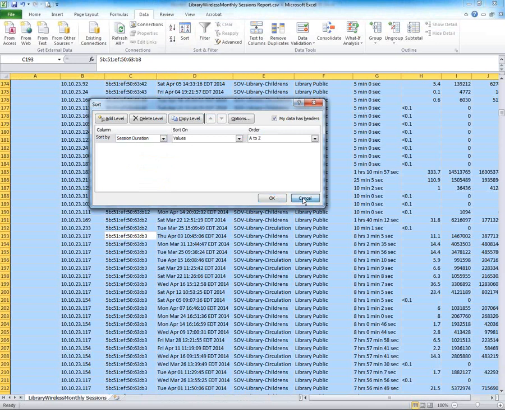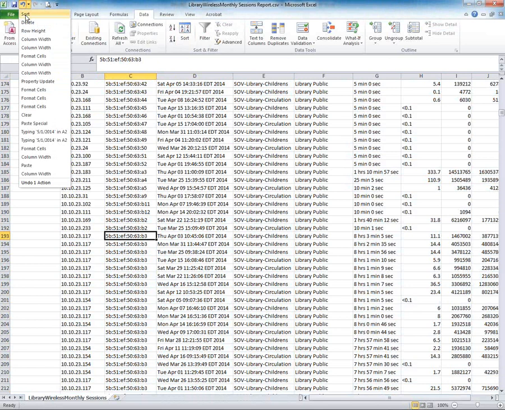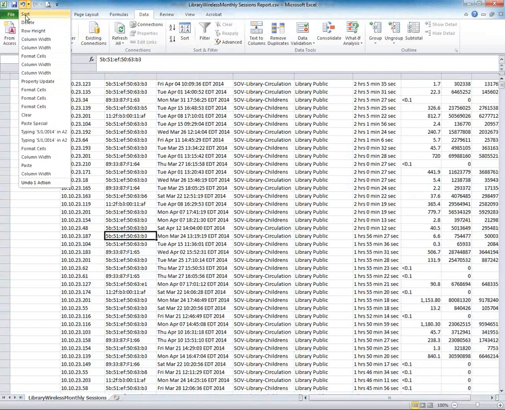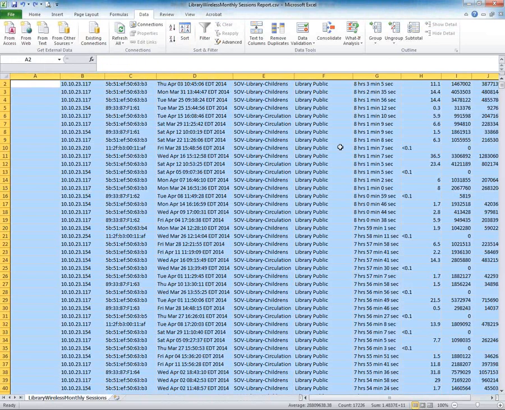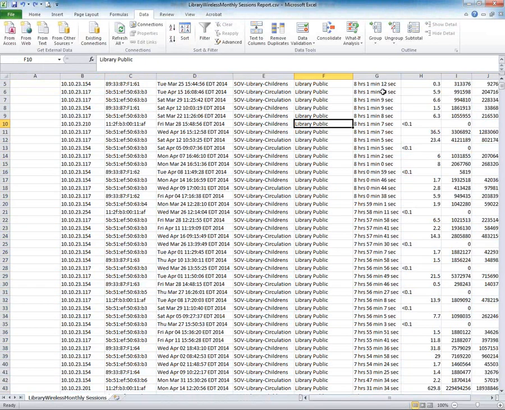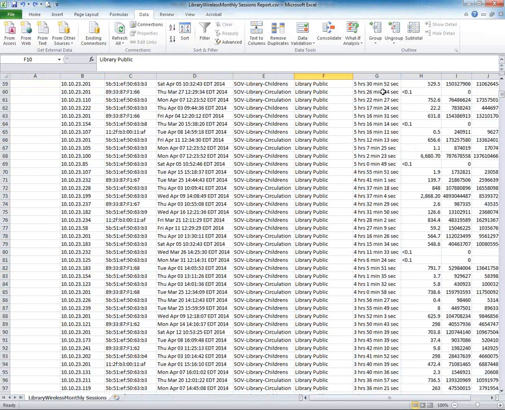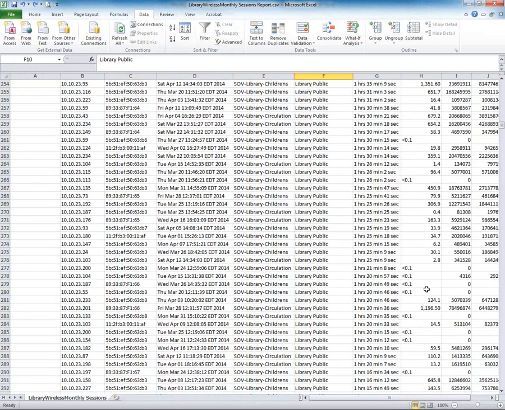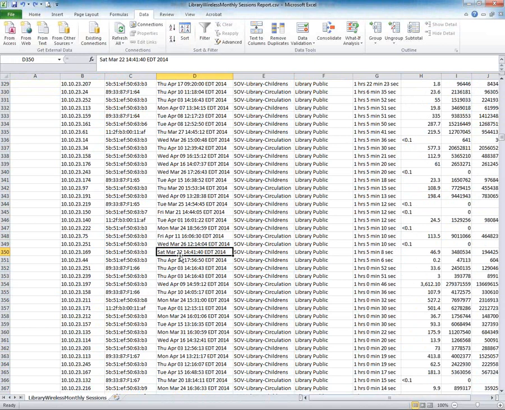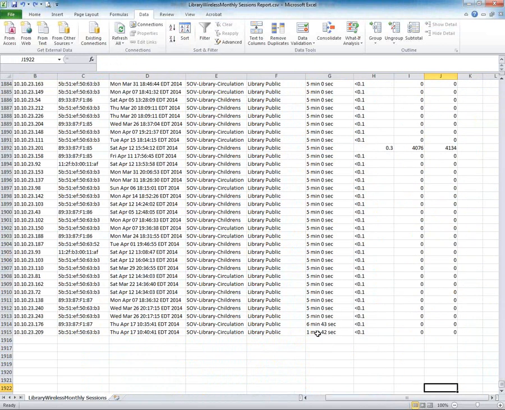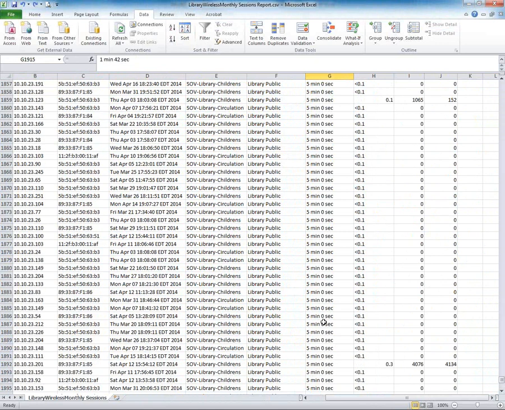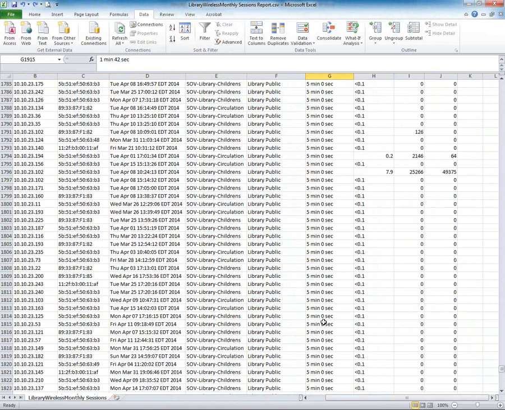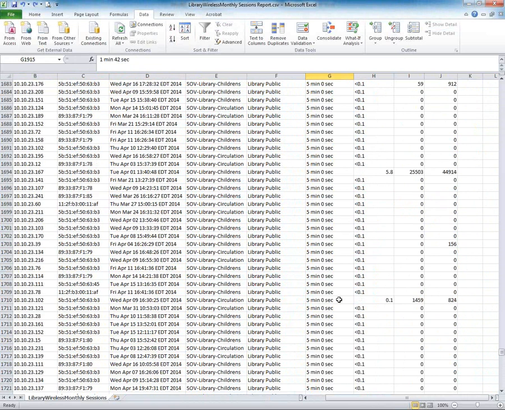Actually, what I'm going to do is undo the sort that I had before. Okay, so we've talked about the very long sessions, and now we're going to look at the very short sessions. 5 minutes is not too short. Let's see.